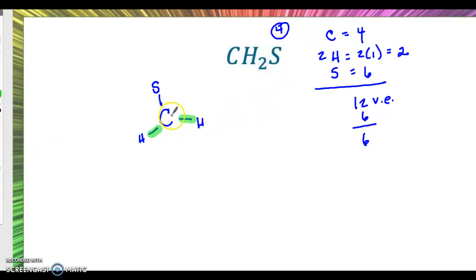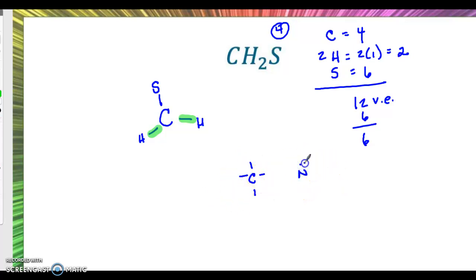If I look at carbon, however, I see that carbon right now has 6. It needs 2 more. Before I start adding electrons, I am going to talk about carbon and sulfur. So carbon needs another pair of electrons, right? It needs 2 more. And sulfur right now only has 2. I have 6 left to place. If you recall what we talked about in terms of patterns, we said that carbon likes to have 4 bonds.